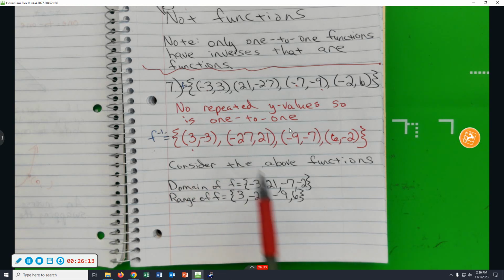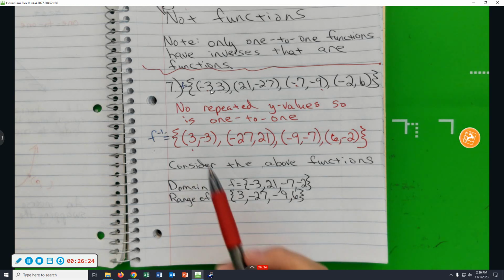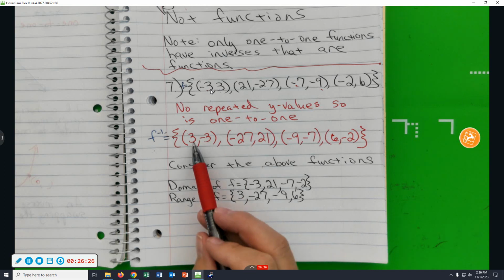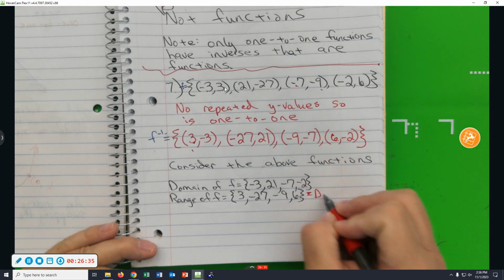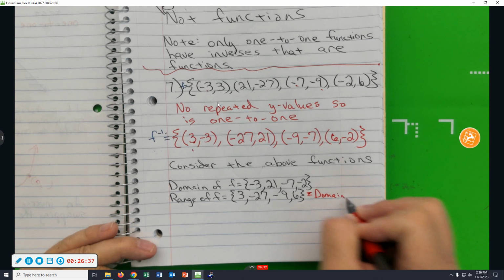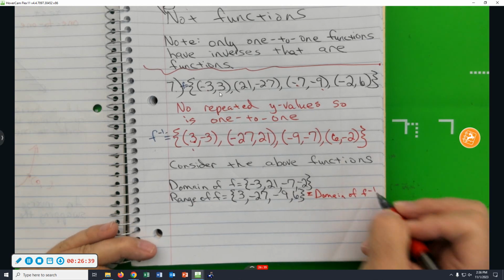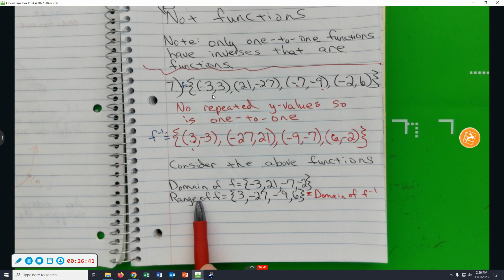What else? -9 and 6. Realize the way we're swapping the x's and y's. This should be obvious to you that the domain of the inverse has to be the range of the original function. This is saying the y's in the original will equal the x's in the new function. The y became an x in the inverse.